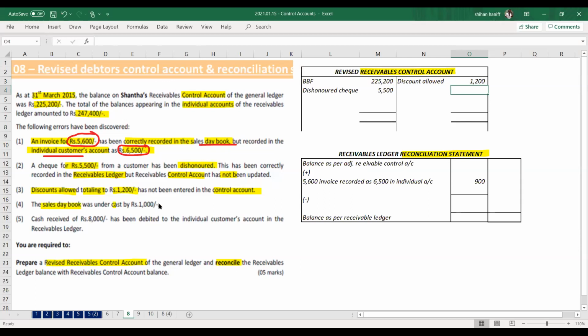Sales debit undercasted means the debit balance is less in the control account.